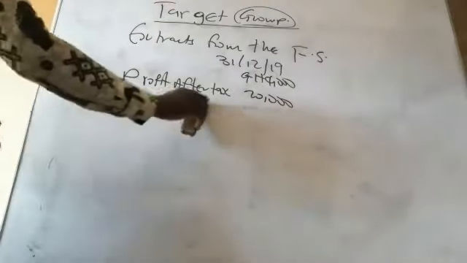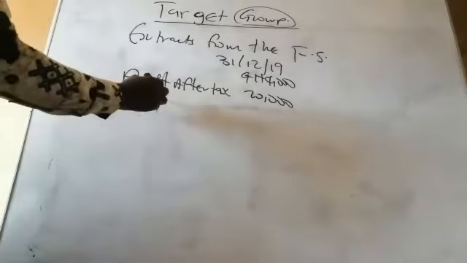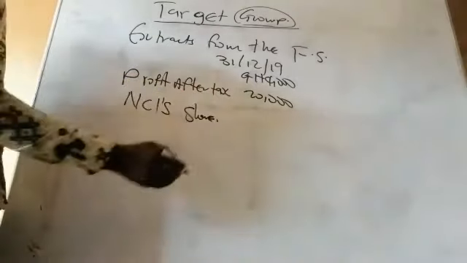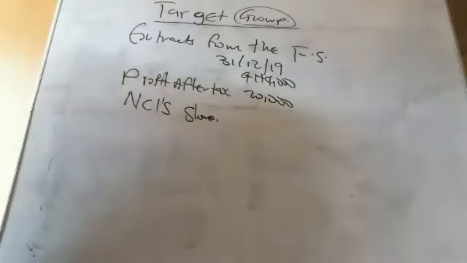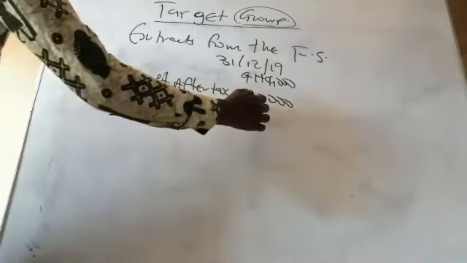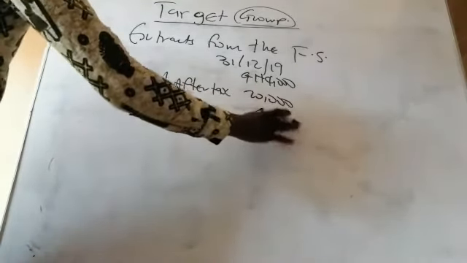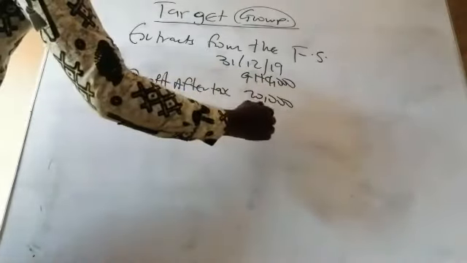NCI share of the profit is 20%, which represents 6,000. So let's make it 6,000. In fact, let's make it 3,000.